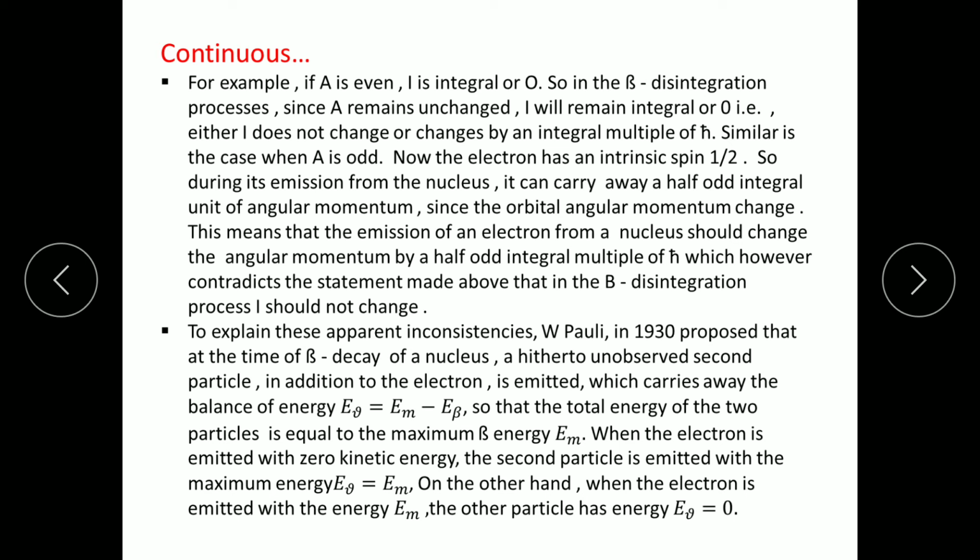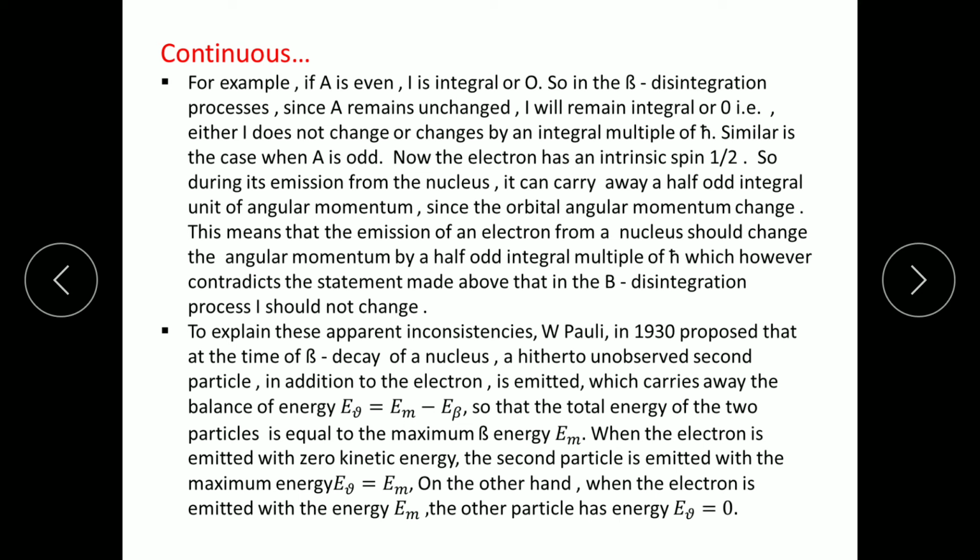Means when there is emission of that electron with its intrinsic spin 1/2, there should be a change in the total spin of the nucleus. This also contradicts the statement made above, that in the beta disintegration process I should not change. And from the above two points, the first one is that the energy distribution of beta disintegration is continuous, and the second one is that in beta disintegration I remains unchanged.